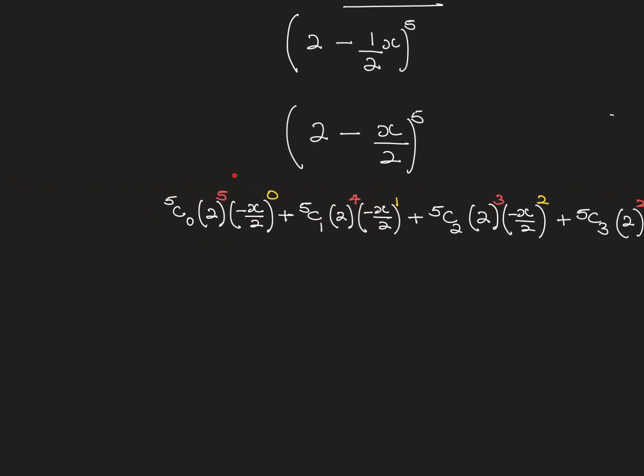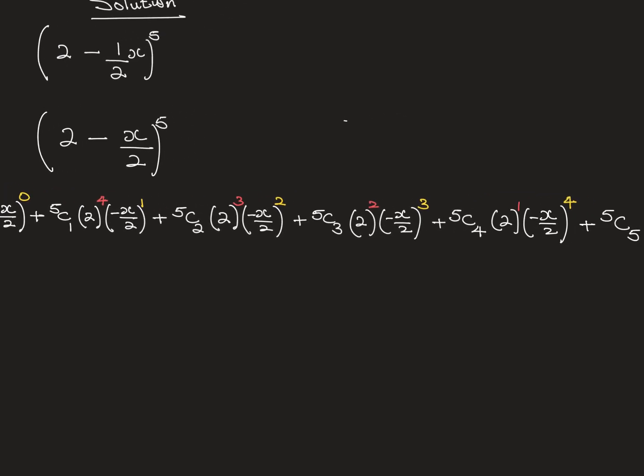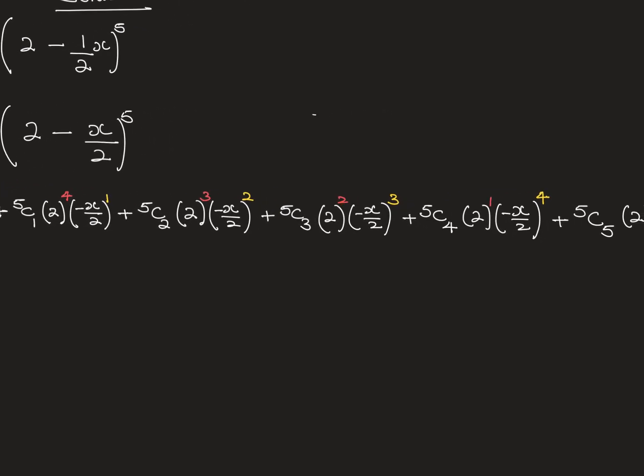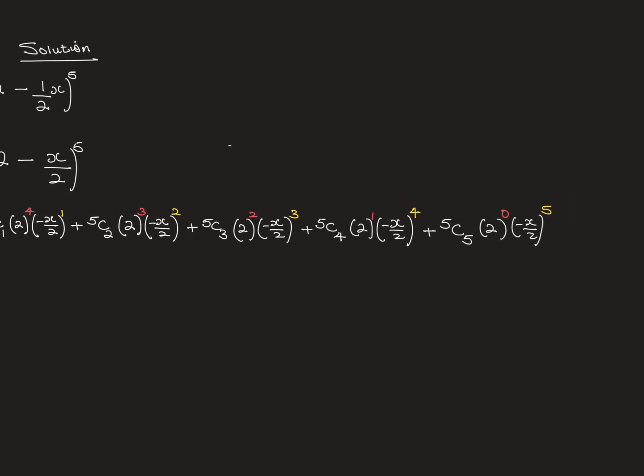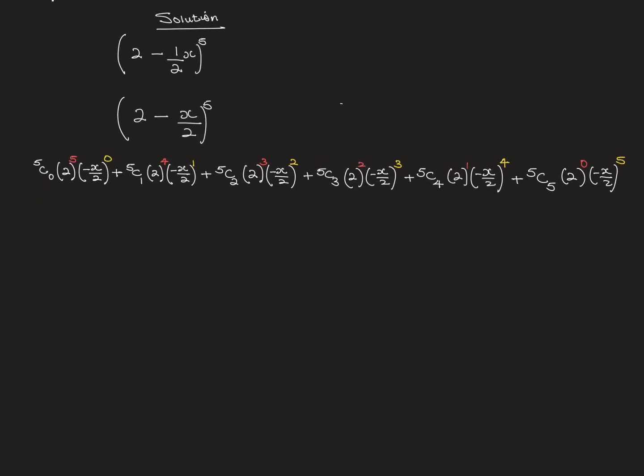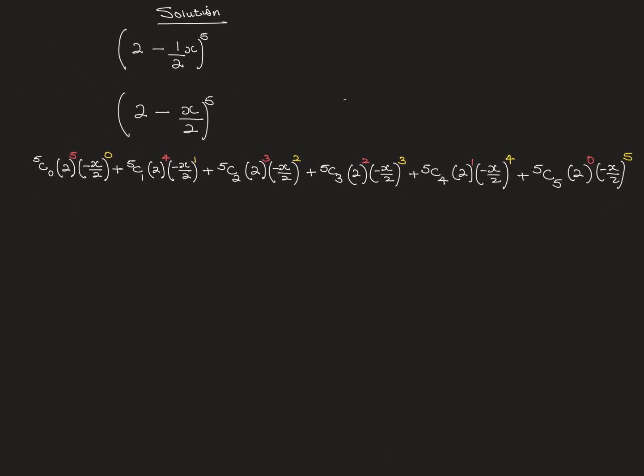And for any term, the sum of the powers of the two binomials must be equal to the power that is given in the question. So 5 plus 0 is 5, 4 plus 1 is 5, 3 plus 2 is 5, 2 plus 3 is 5, 1 plus 4 is 5, and 0 plus 5 is 5. Let me try to minimize this so that you can see. This is how we have it.